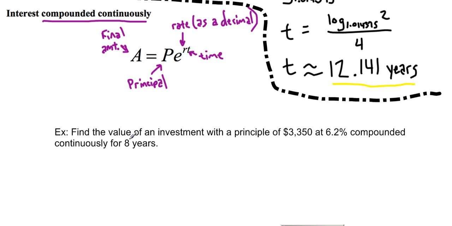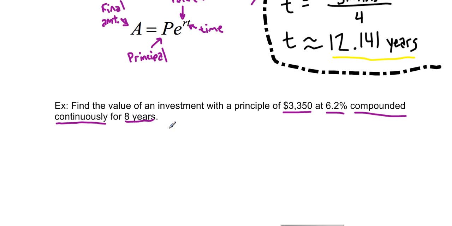So let's look at an example for this one. Find the value of an investment with a principal of $3,350 at 6.2% compounded continuously. That tells us what formula we're going to use, for 8 years. Alright, so let's start with our formula.